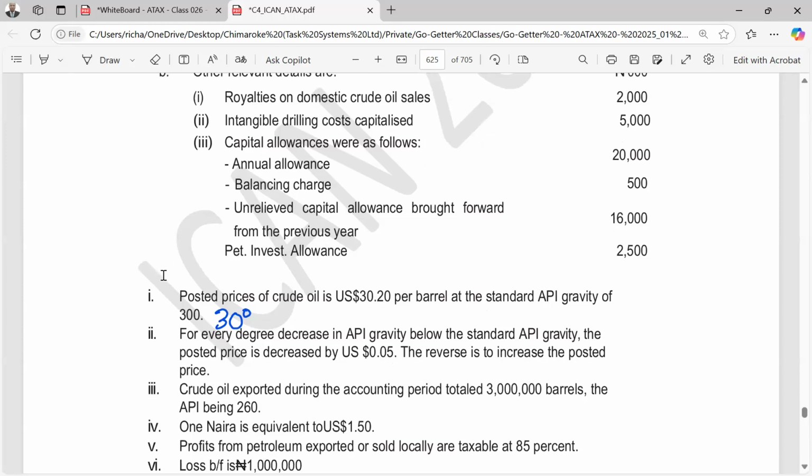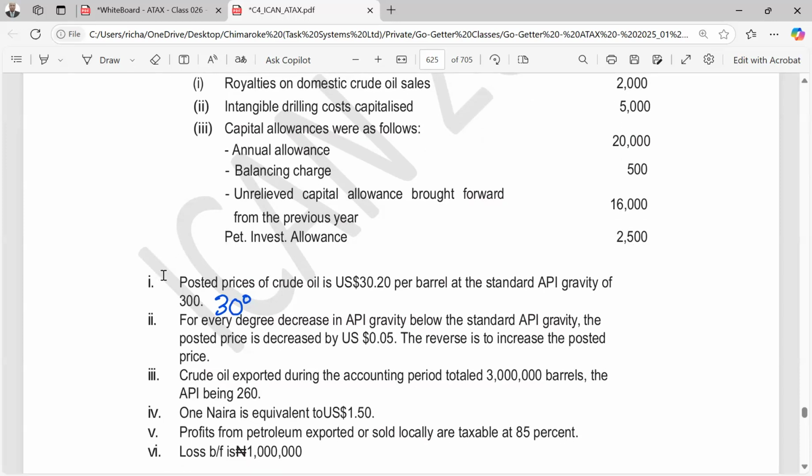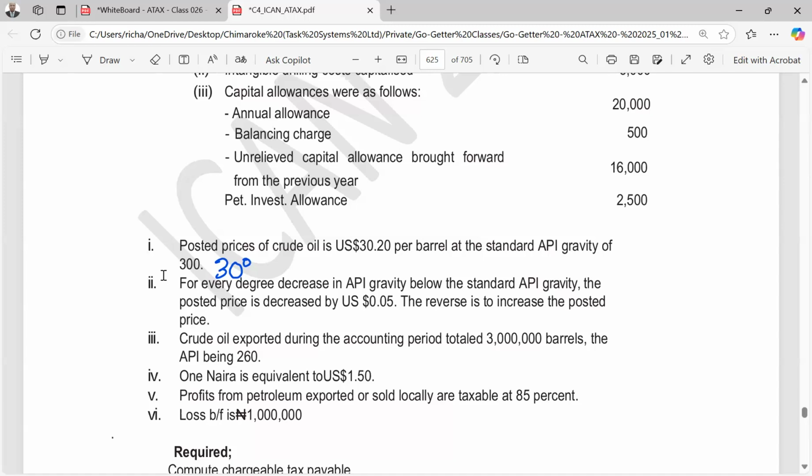Okay, for every degree decrease in API gravity below the standard API gravity, the posted price is decreased by 0.05. The reverse is to increase the posted price. Now look at the crude oil being exported during the accounting period.